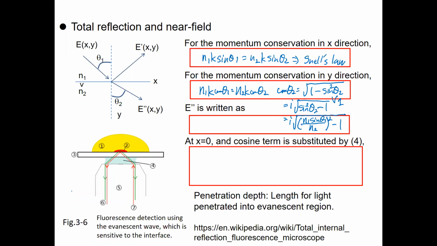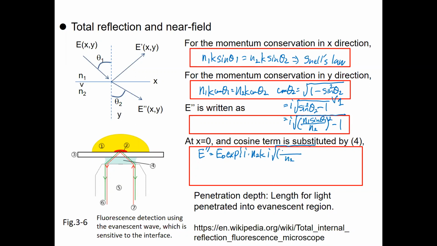E prime equals E0 exponential i n2 k, and this cosine theta 2 has an i, so an imaginary value.